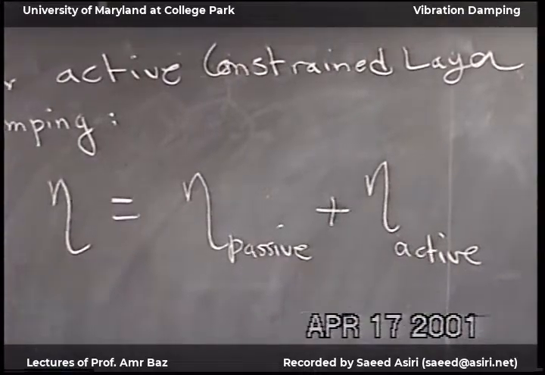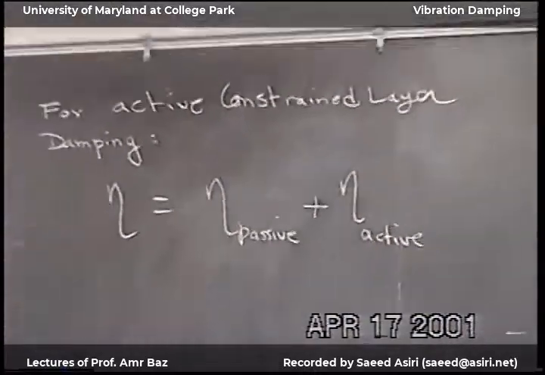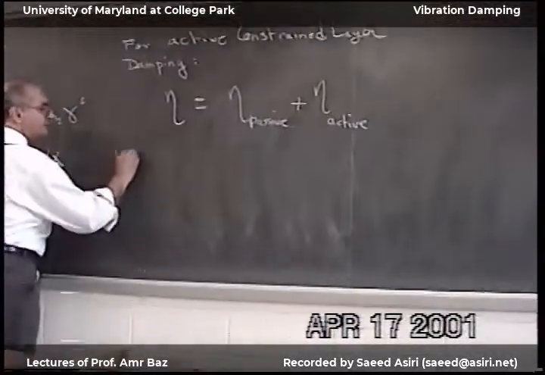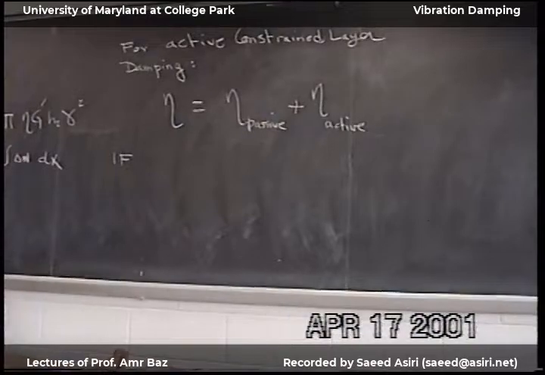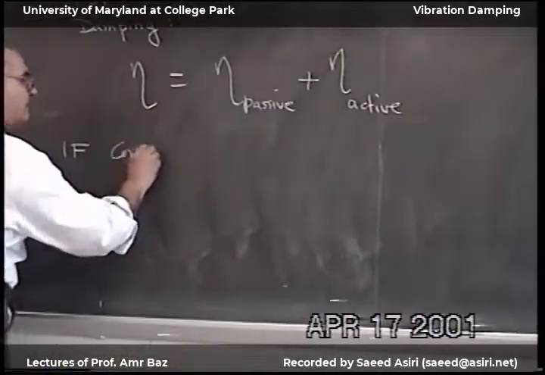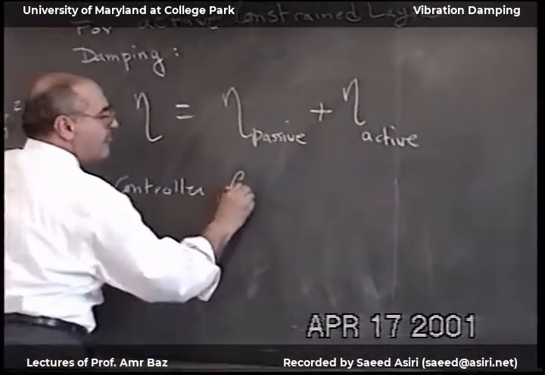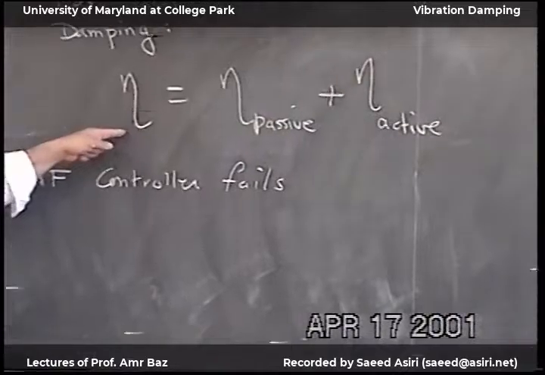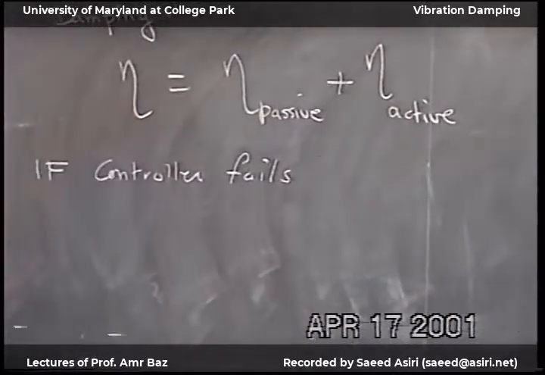Okay. Now the nice thing here is, if this system, the controller fails, your system still has a fail-safe net because of the passive damping.